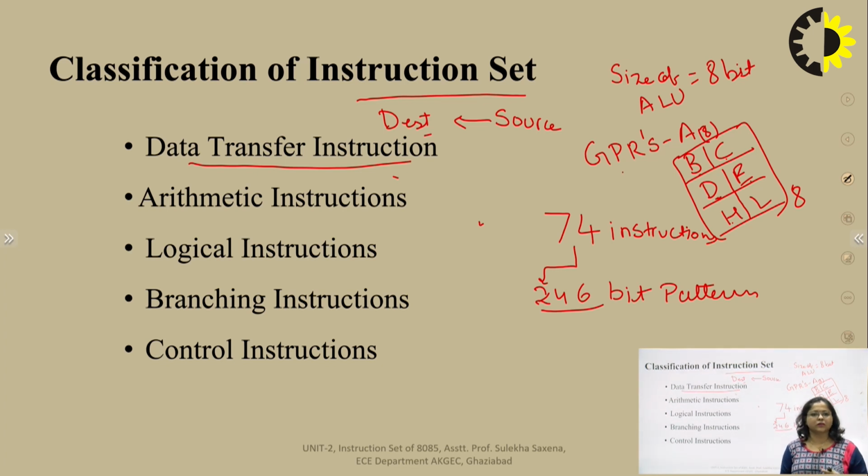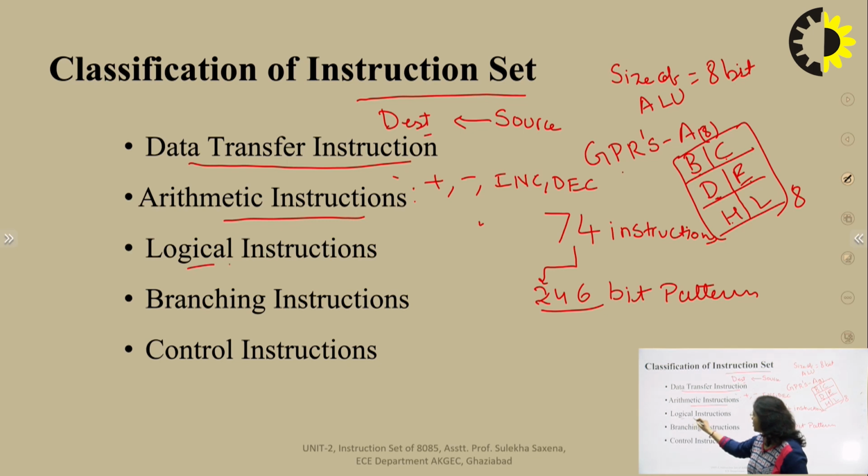The source and destination can be a register, a memory address location or immediate data. During arithmetic operations, 8085 can perform only 4 operations, that is addition, subtraction, increment, that is +1, and decrement, that is -1.